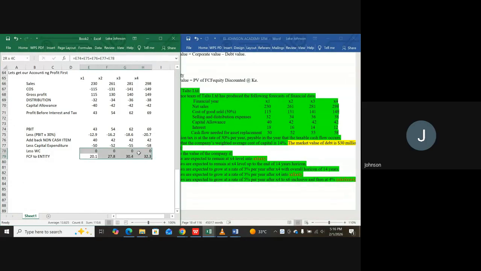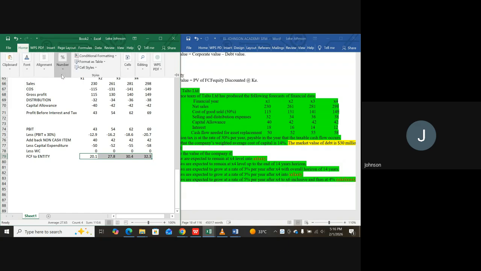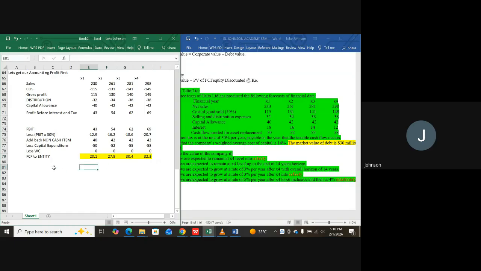Assuming they were the same, you could have used the annuity formula to discount them. But because they are not the same, we will not use annuity. We are going to use different discounting factors for the different years. So here we are trying to get the discount factor at 14%.